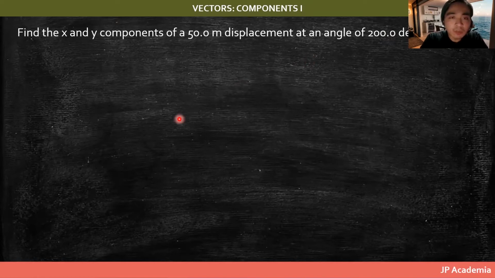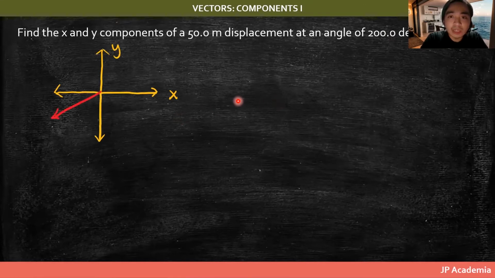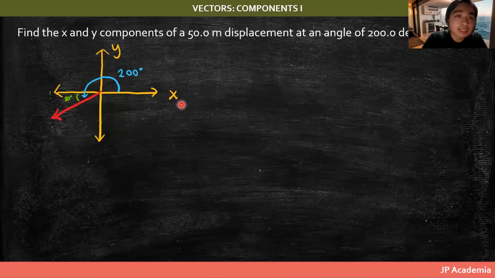Ngayon, sa pag-solve ng ganitong problem, one way to start solving this is to illustrate muna yung problem para mas mahimay natin, mas ma-imagine natin kung ano bang nangyayari dito sa problem na to. So we have here this angle na 200 degrees.